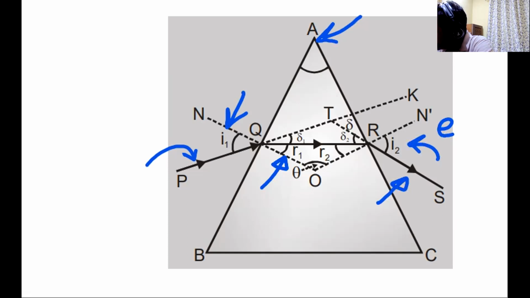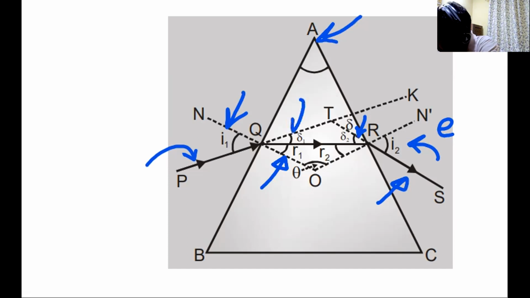This small angle is delta 1 or delta 2, which is the angle between the incident ray and the refracted ray. Here it is the angle between the refracted ray and the emergent ray.